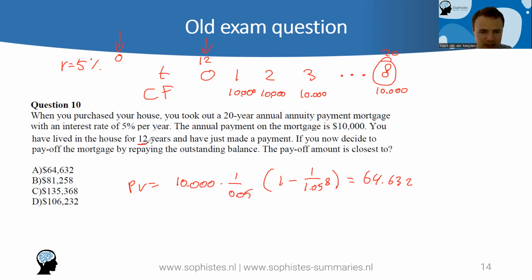Because we already are 12 years into the future, and what you're proposing, then you're not 12 years into the future. That's what would go wrong then. Do you understand that? Yeah, okay. So you could do it, but then you have to do times 1.05 with the power of 12. Then you would get the same answer. But that would be way too difficult, actually.